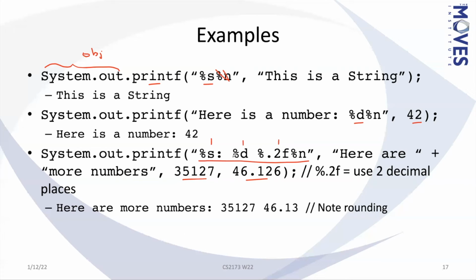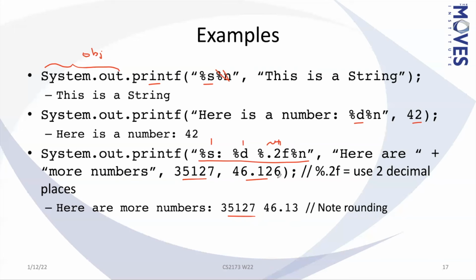Okay, so the %d is what produced this. Now, %f is for a floating point, but then notice that I also put in a 0.2. So 0.2 says only print 2 decimal places. And that's what it did.